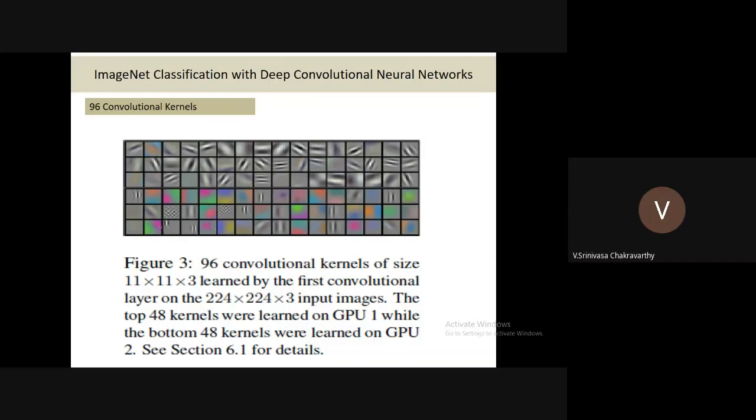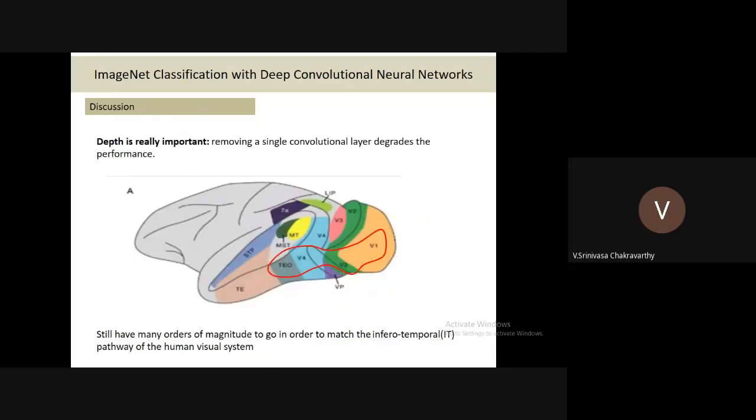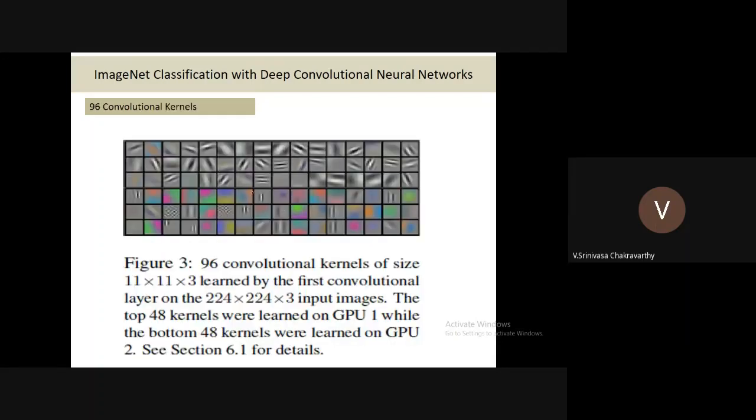Some of them respond to colored patches, while others respond to monochrome edge features. This is quite interesting, because in the brain's visual system, in the primary visual cortex V1, you find neurons which either respond to edges without any color, or respond to colored patches without any sensitivity to edge and its orientation. You see both kinds of neurons. Interestingly, that kind of organization emerges here automatically.